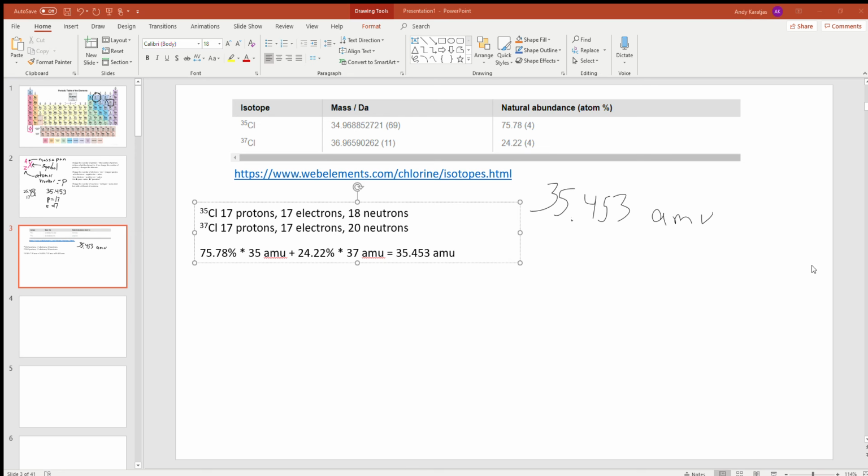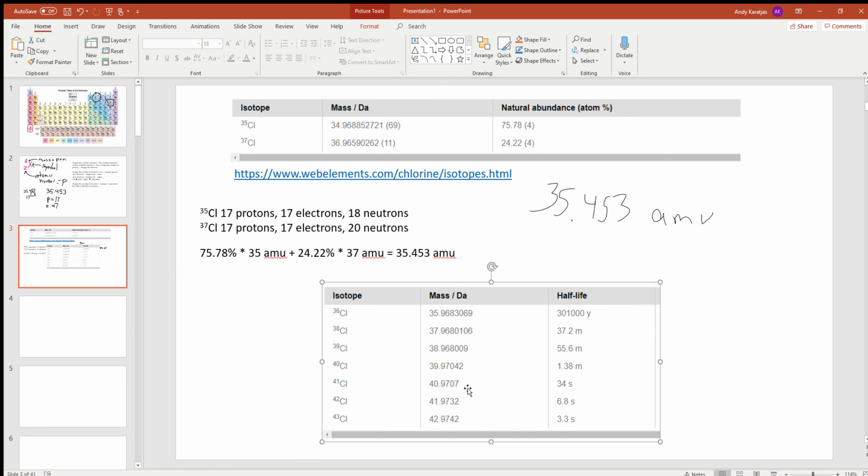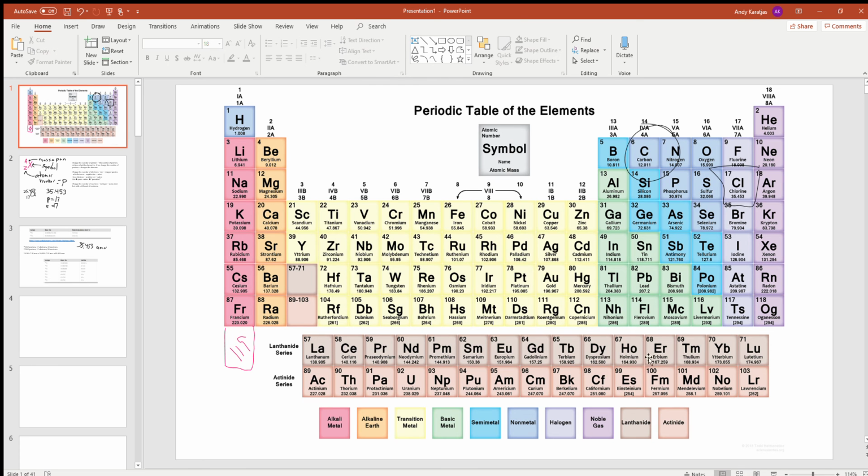Now it turns out these aren't the only isotopes of chlorine, just the only stable ones. And so on that website I've listed up above, we actually find that there's seven other known isotopes of chlorine.